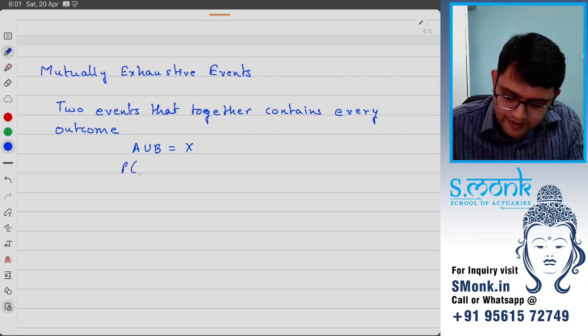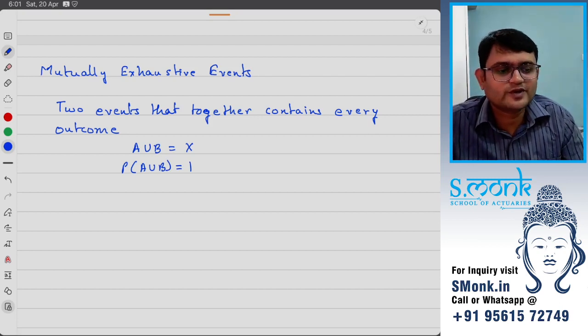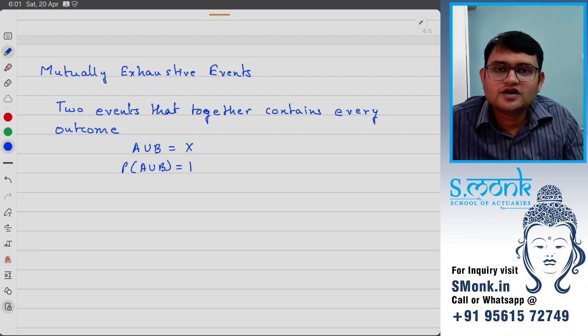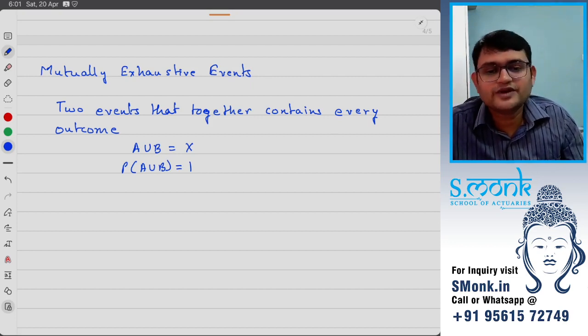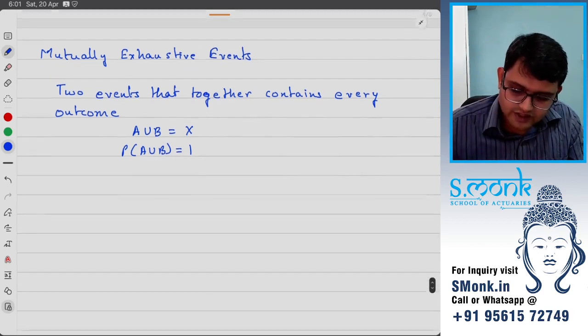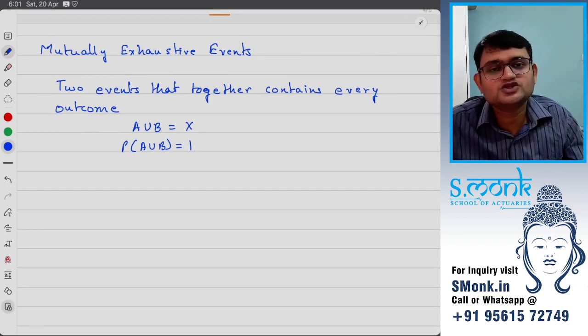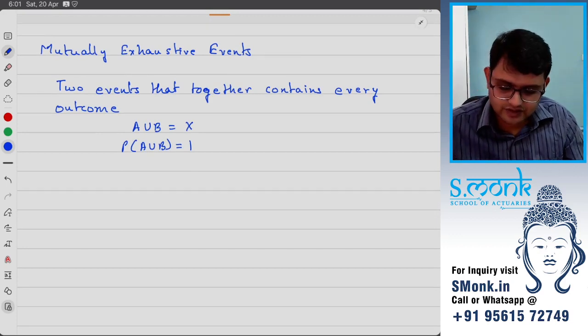So probability of A union B will be equal to 1. It will be number of elements in the universal set upon number of elements in the universal set. That is 1. So this becomes mutually exhaustive events. They are exhausting everything. Okay.